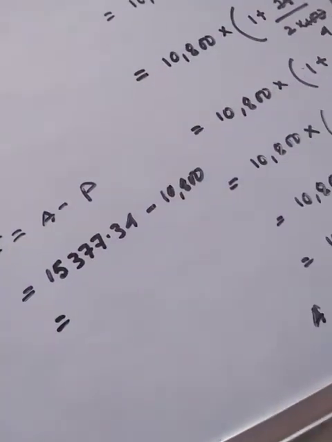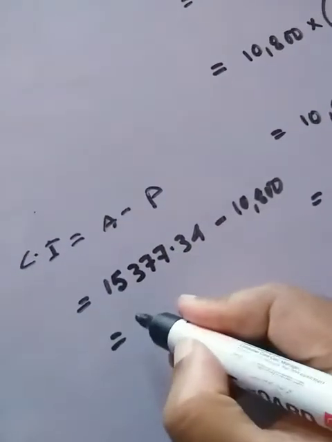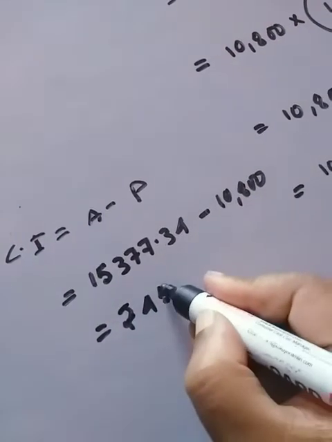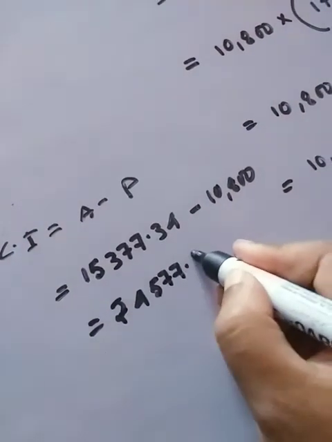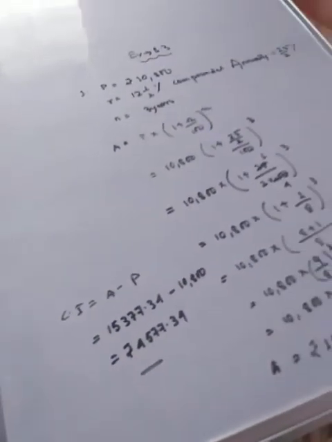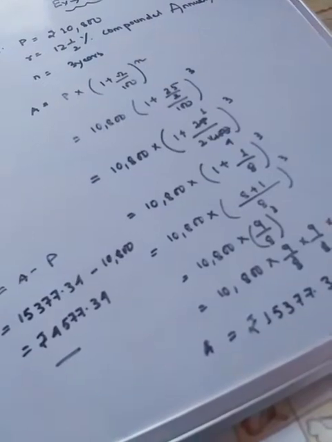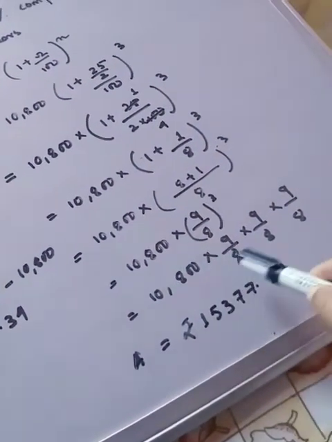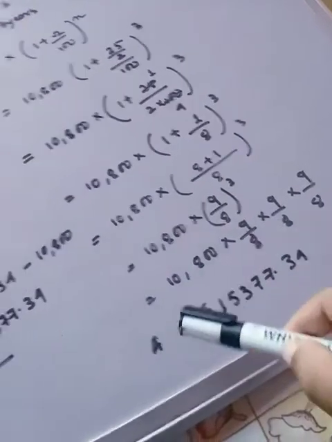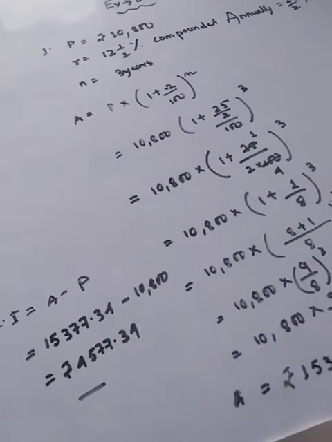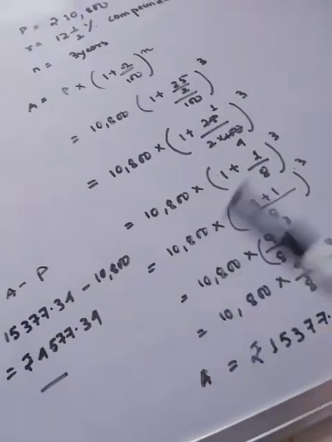When you subtract, you get the answer rupees 4577.34. So this is your answer. Be careful with the calculation, as I have given the direct answer, but you have to go through the reducing part in the solutions. In this chapter you have to be very careful with the calculations.